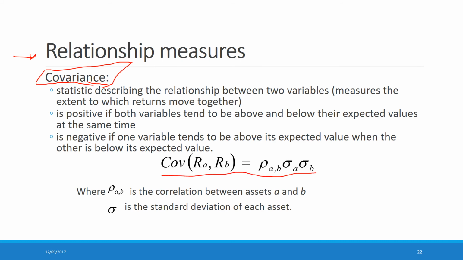The covariance is given by this formula. If we measure the covariance between asset A and asset B, it's given by the correlation between the two assets times asset A's standard deviation times asset B's standard deviation.